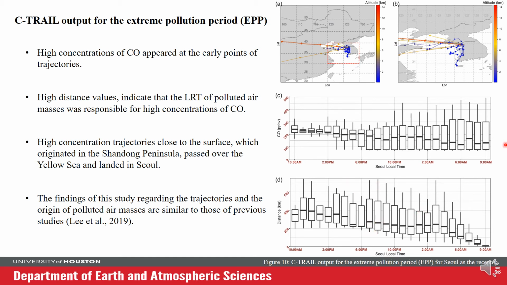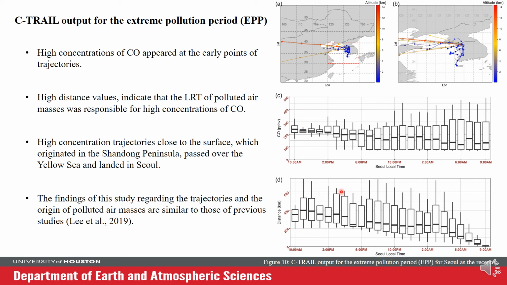And also the high concentration of trajectory close to the surface, which mostly originated from Shandong Peninsula. So when the surface packets reached urban areas, they presented the maximum CO concentrations depending on the time of the day and also the rush hour traffic.